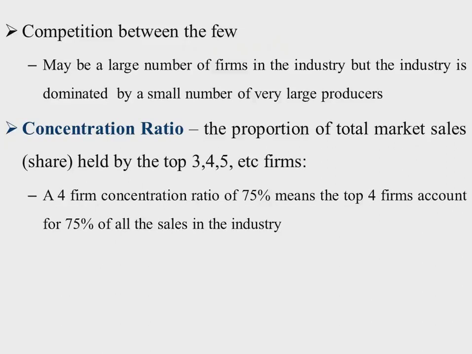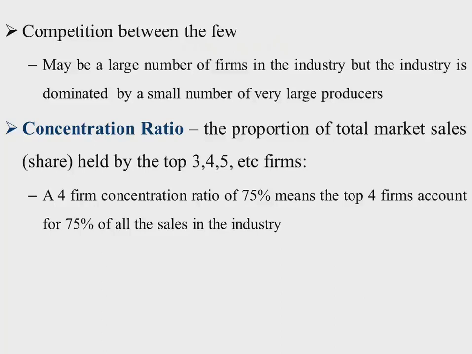The concentration ratio, which is the proportion of the total market sales held by the top, say, 3, top 4 or top 5, can be calculated and then see how much of the sales is being gathered by the larger firms. For example, a 4 firm concentration ratio of 75% would mean that the top 4 firms account for 75% of all the sales in the industry.